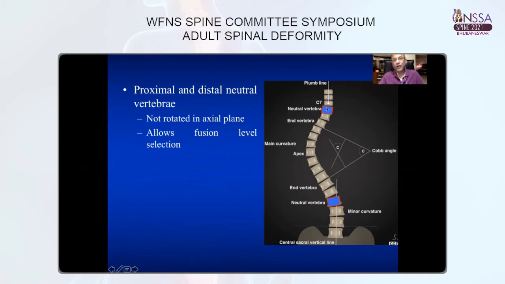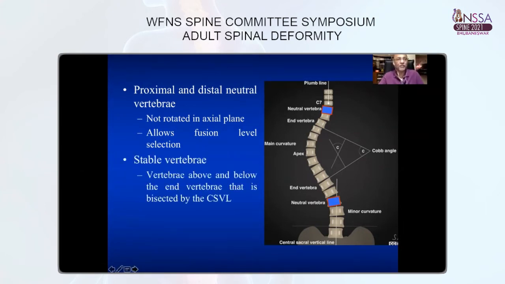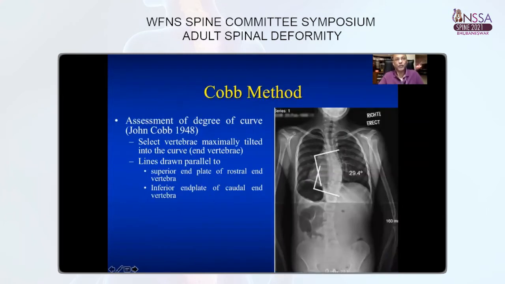So we go a couple of levels above and below to make sure that we completely fix the deformity. And then there is a stable vertebra above and below the end vertebra that is bisected by the CSVL. So this is the central sacral vertical line which bisects it. This is the level that is the stable vertebra, which is below the neutral vertebra.